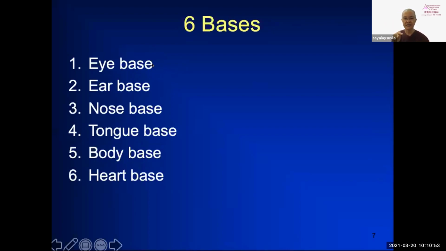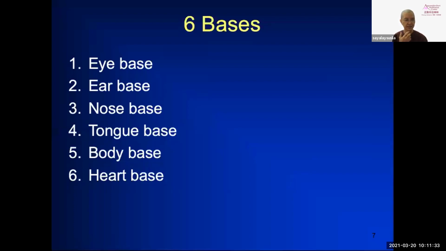The eye base is sensitive towards the visible object, and it is inside the eyes, the retina. The ear base is sensitive towards sound, inside the ear. The nose base is sensitive towards smell, inside the nose. The tongue base is sensitive towards taste, on top of the tongue.